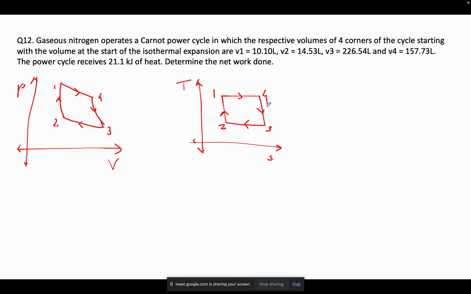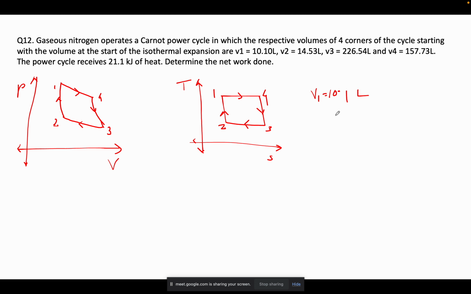Now we know V1. Isothermal expansion is this one, so V1 is 10.1. The starting point is your isothermal expansion, that's why I have started the point 1 from here.